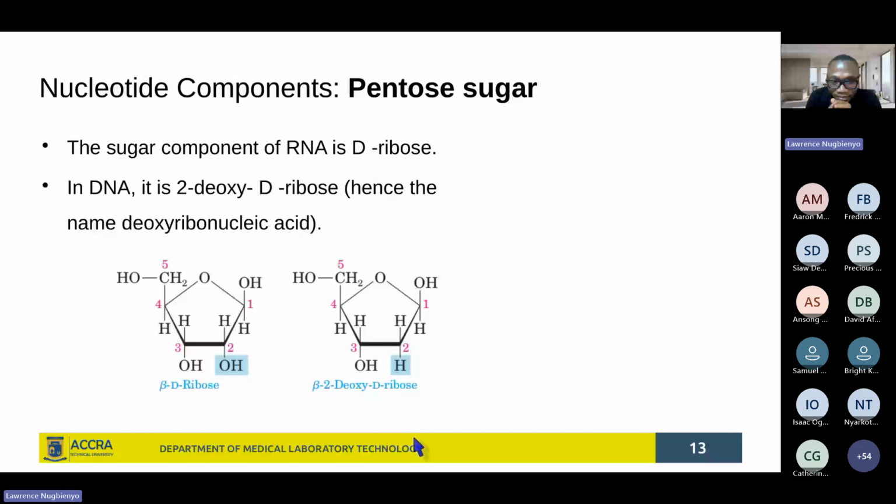Now, if you take ribose and you compare it with deoxyribose, what's the difference? You see, intentionally, you have the differences shaded for you to see. Everything else is the same for these 2 sugars, except that on carbon number 2, ribose is having a hydroxyl group, OH.